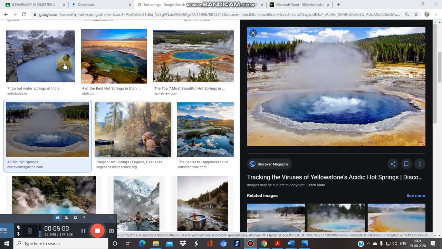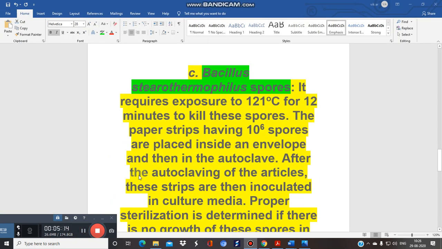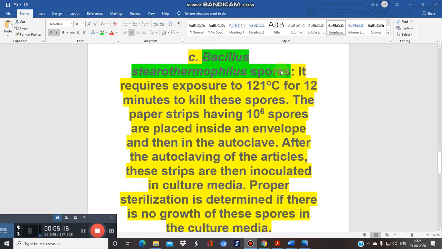People were taking bath in the hot spring because we found this bacteria, which is a rod-shaped gram-positive bacteria, and it is widely found in soils, hot springs, ocean sediment, etc. Basically, these spores require exposure up to 121 degrees Celsius for at least 12 minutes to be killed.